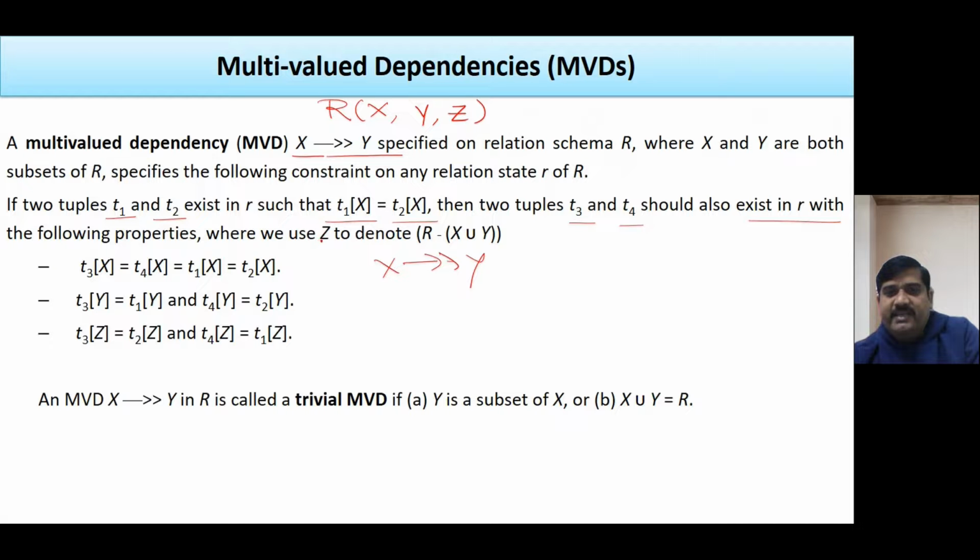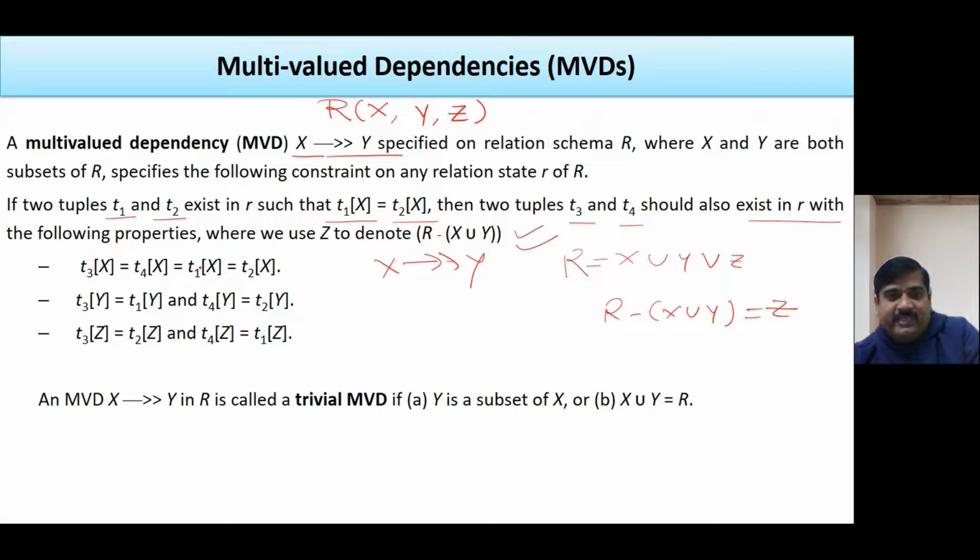And here Z is equal to R minus XY. Obviously, X union Y union Z equals R, so Z is equal to R minus X union Y.